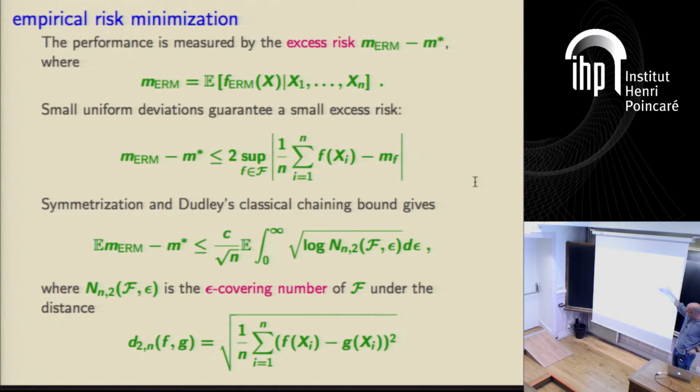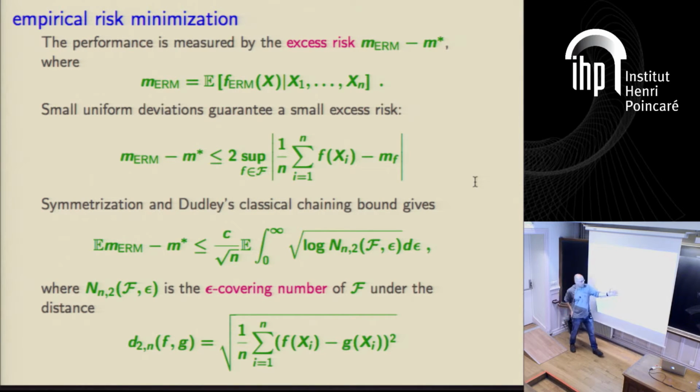One of the standard bounds is Dudley's chaining bound: the expected excess risk is bounded by the entropy integral, 1 over root n times the expected value of the integral of the square root of the covering numbers of this class. The larger this class is, the larger the excess risk becomes.